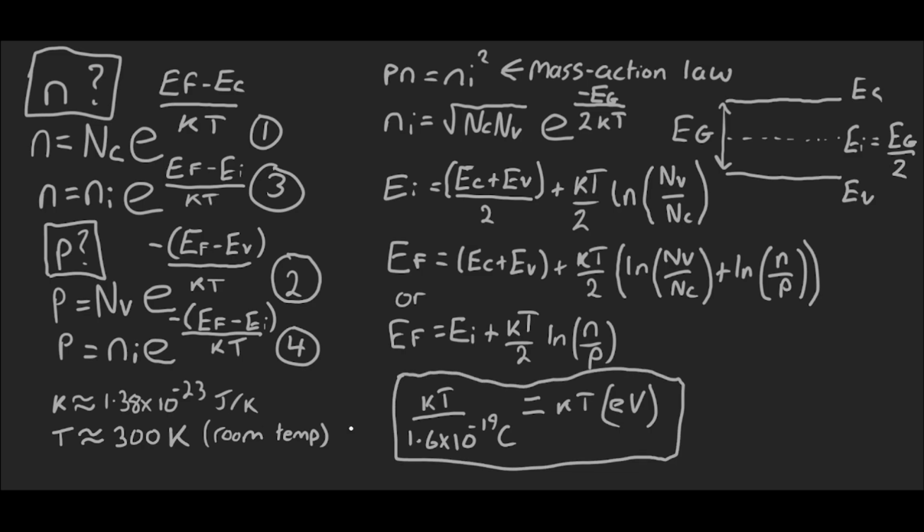To do this, we divide by the charge of an electron, which is 1.6 times 10 to the power of minus 19 coulombs, which gives us the product kT in units of electron volts. This is what we will use to work with the problems. Always stay consistent with the units. That goes for everything.